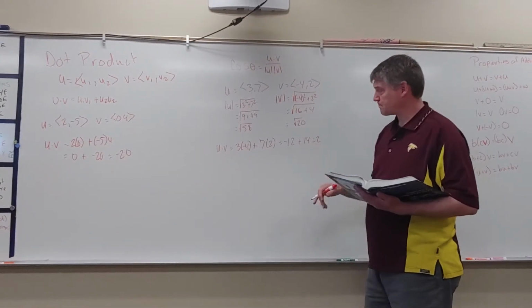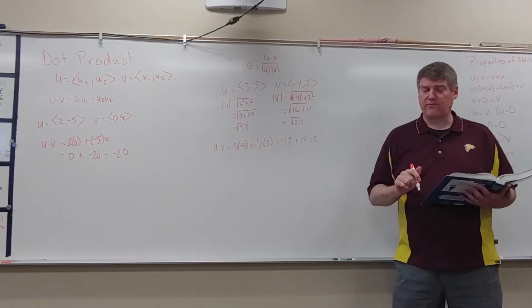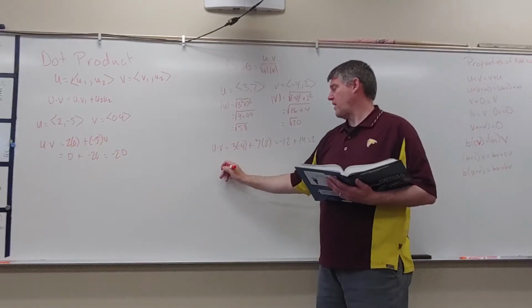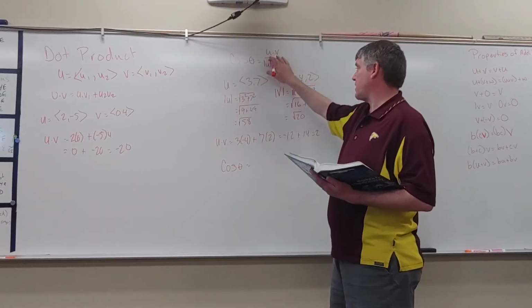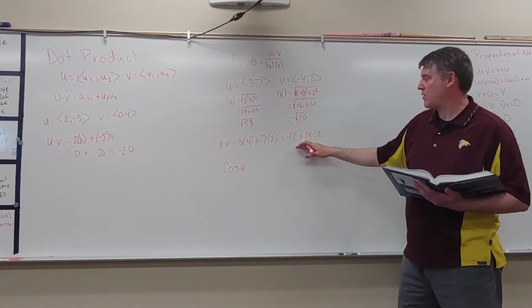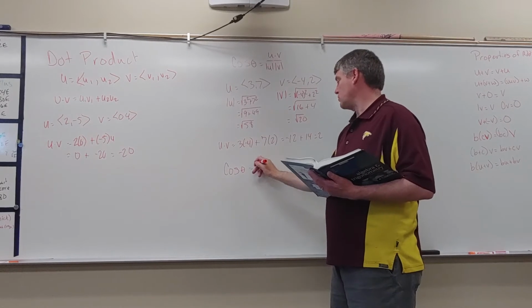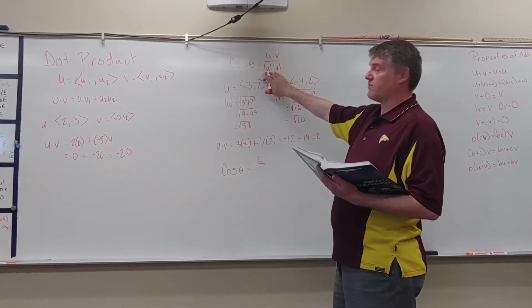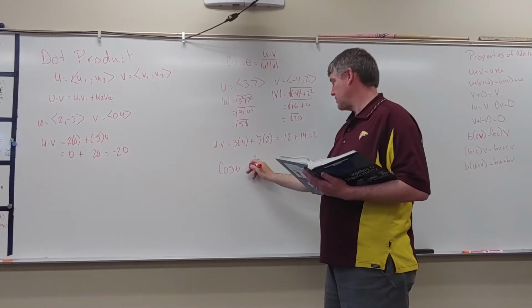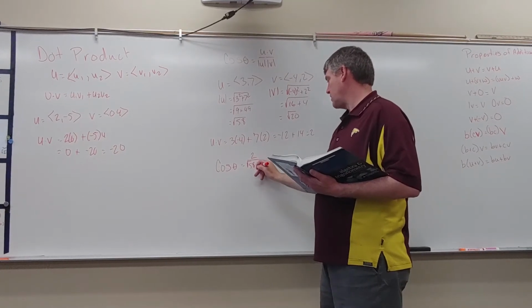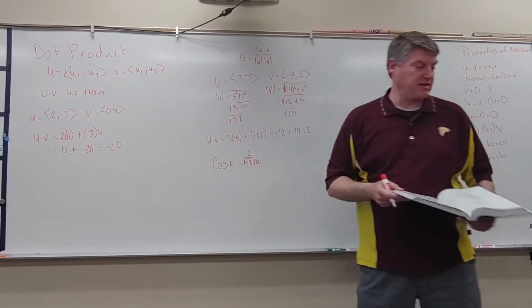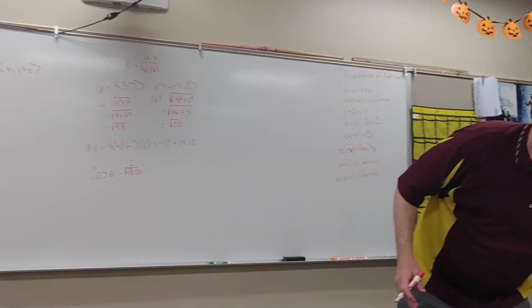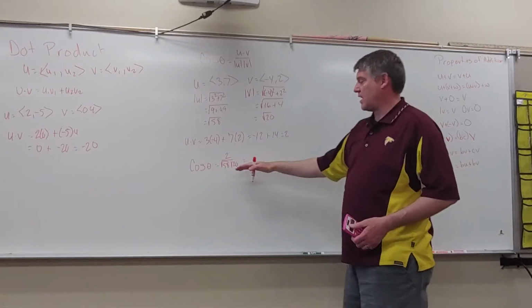which is 2. So going back up to our formula here, we're going to find our angle between these two vectors. So cosine theta equals my dot product. I've already found my dot product, so I'm going to put that up here, 2. I've already found my magnitude of u and my magnitude of v, square root of 58, square root of 20. Now I'm going to take my calculator and find that information here.